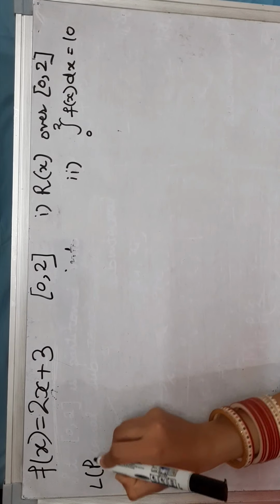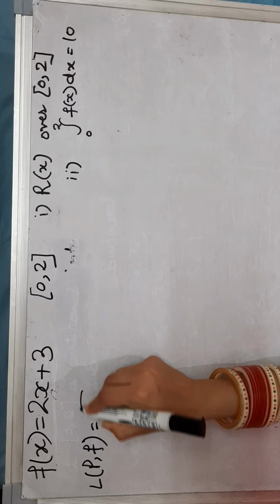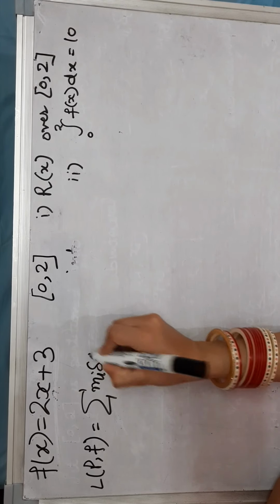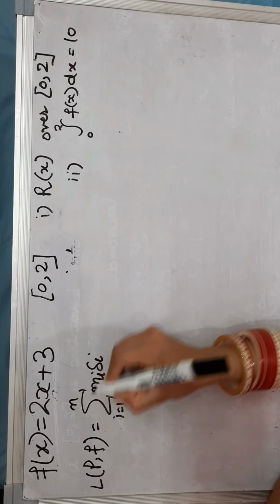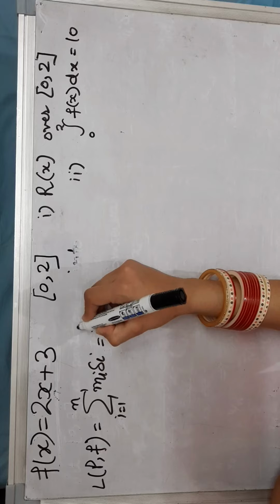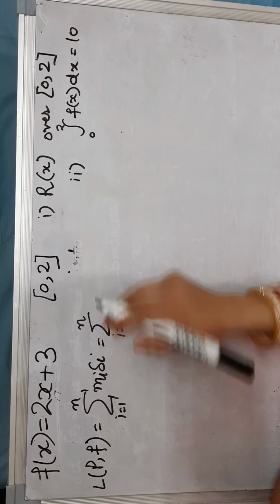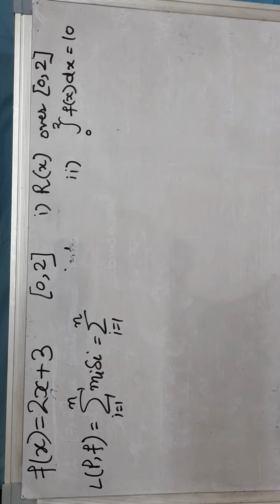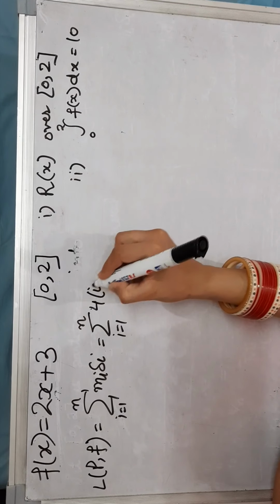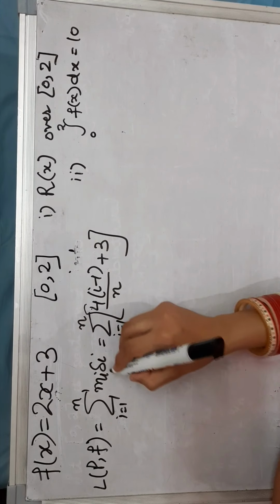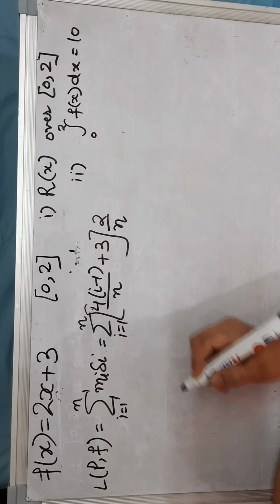So LPF would be equal to summation mi delta I, I from 1 to n, n is the number of partitions, number of subintervals. Summation I from 1 to n, the value of small mi as we have evaluated, that is 4 into I minus 1 by n plus 3 multiplied with delta I, that is 2 by n.